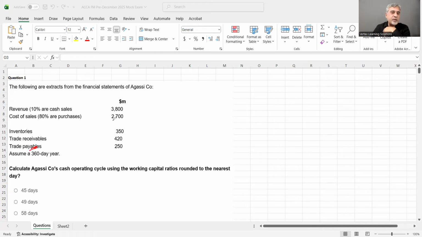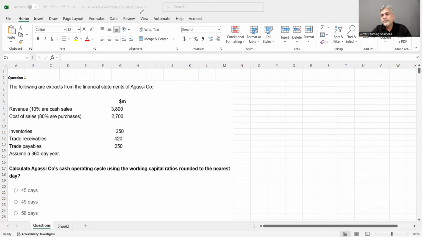So you cannot take the full 2.7 million. You actually have to take 80% of that, because 80% is purchases, and purchases result in payables. Payables means the money which you owe for inventory, the raw materials. Okay, so the formulas are rather straightforward.